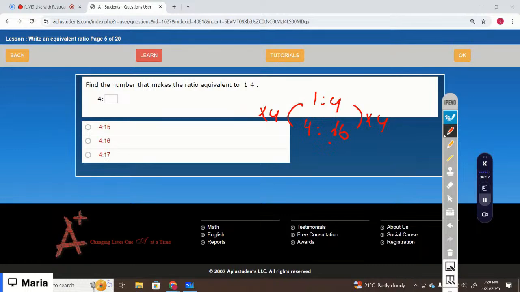So the option number 2 is the correct option. That is 4:16.